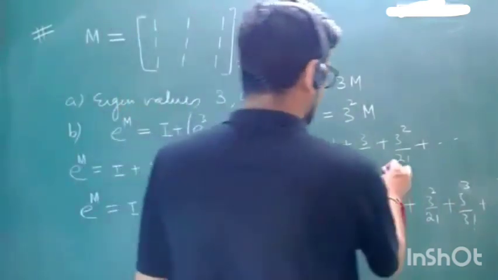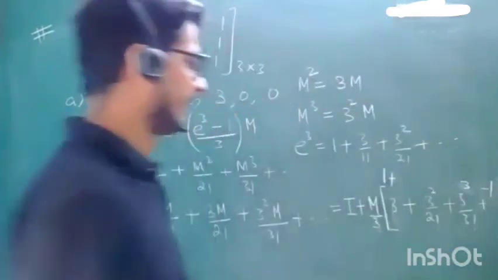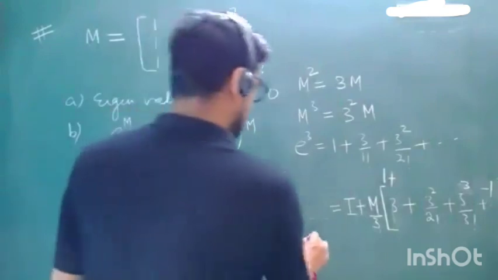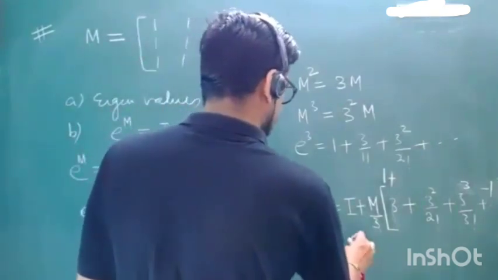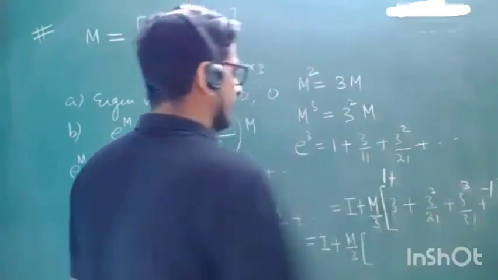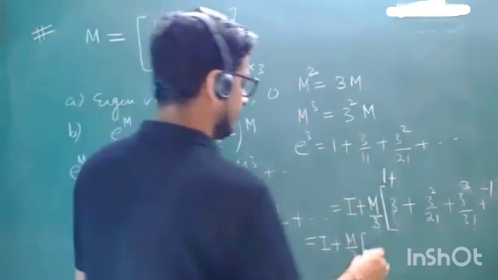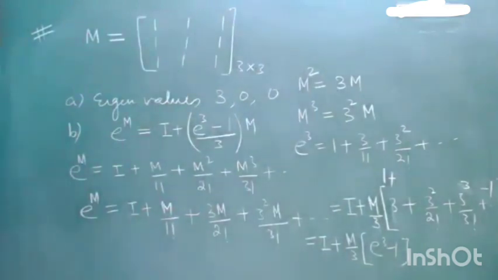So I will just write here 1 plus, and finally I will write 1 minus. Now I will get identity matrix plus m by 3. This all will give you e to the power 3 minus 1, which is your answer.